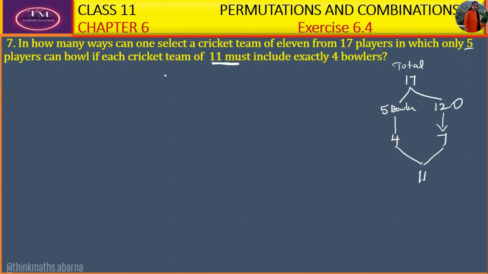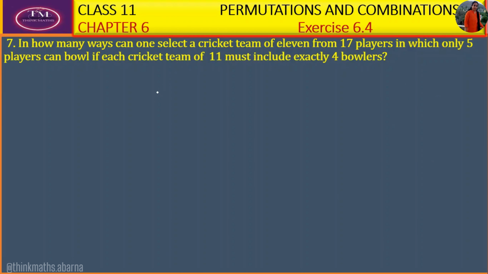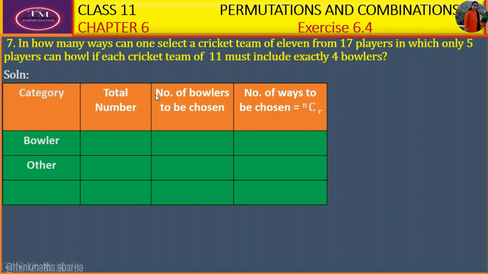Now we can write this using a table. The categories are bowlers and other players. In total, how many bowlers are there? You have 5 bowlers. Totally there are 17 players, so other players will be 17 minus 5.